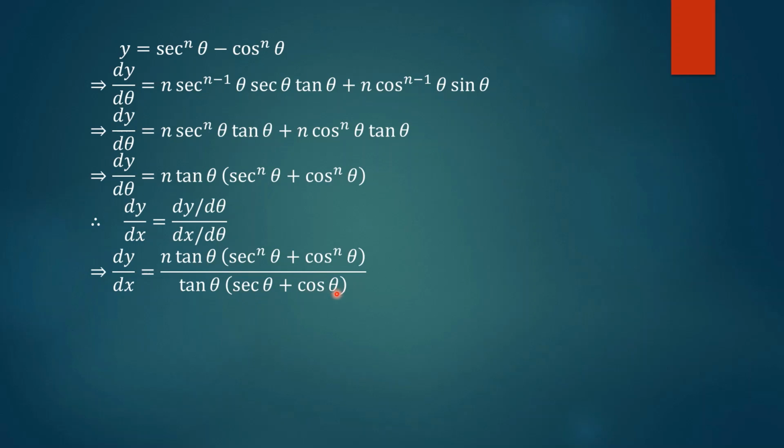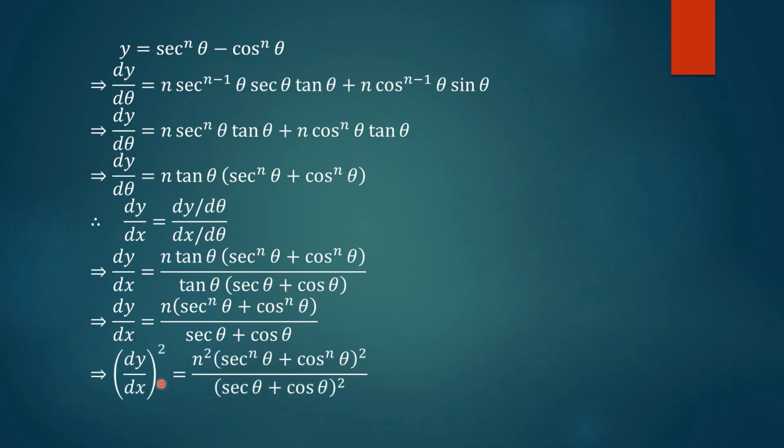So to make that, first of all we square this one. Tan theta is cancelled here, tan theta is cancelled. So you see this line, tan theta cancel, after calculation it will be this one. Now make it whole square. Why are we making the whole square? You see in the answer part, the dy/dx whole square term is actually present there. Therefore we make the whole square.